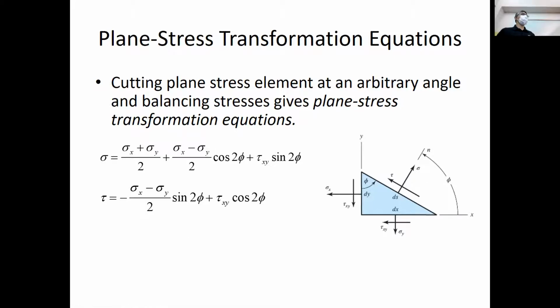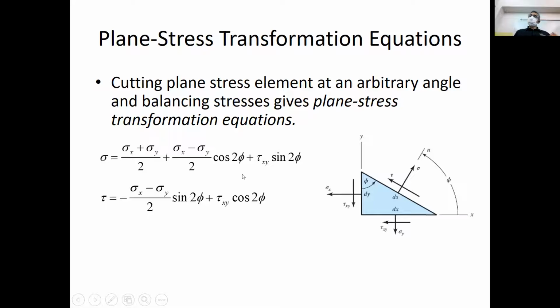Now, how can we use these equations? I can use them to maximize the normal stress sigma to find principal stresses as well as principal directions. I can also use them to maximize the shear stress tau to find tau maximum.